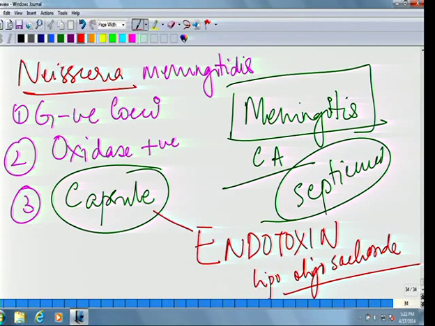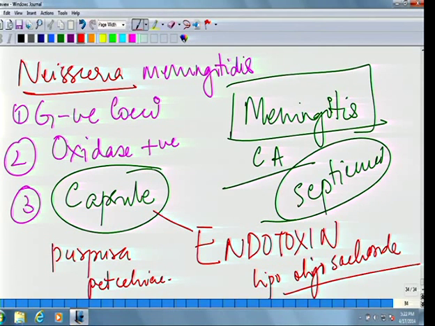Yes, endotoxic shock and also purpura, petechiae, skin. Typically, you will see the sudden onset of fever, stiff neck, and the sepsis will present with purplish purpura, petechiae. That is typical of Neisseria meningitidis.